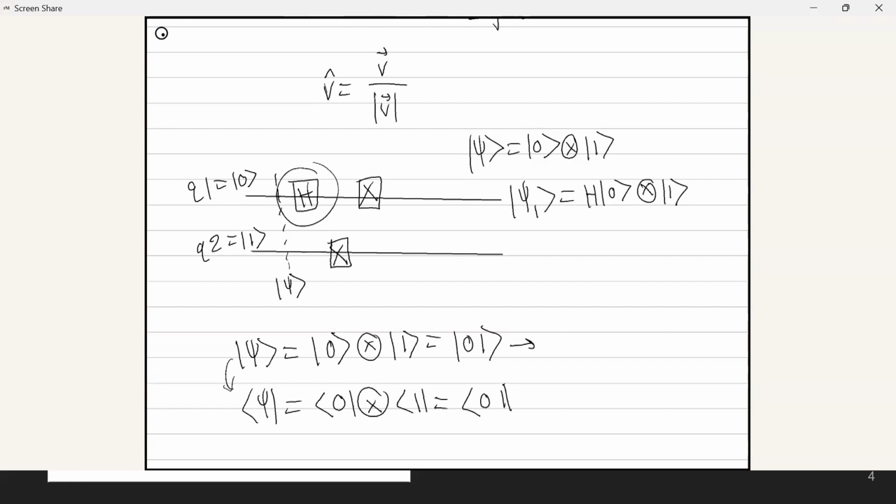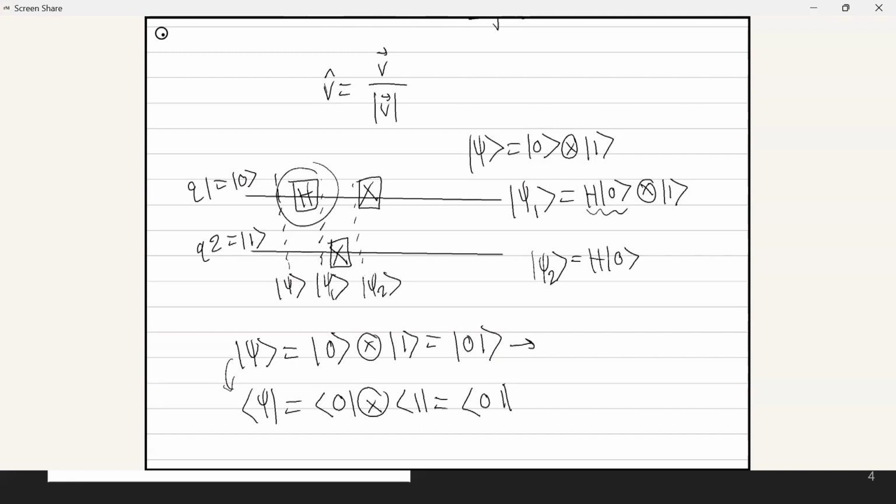Let me just see if I can finish up this note. So that's psi one. Let's say this is psi one, and then this is psi two. So now psi two would look like this.